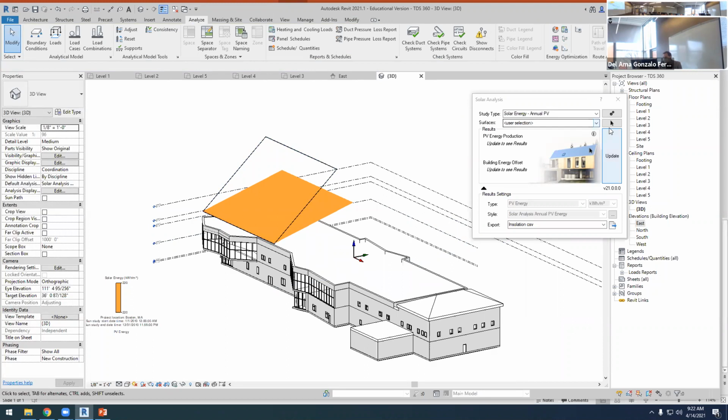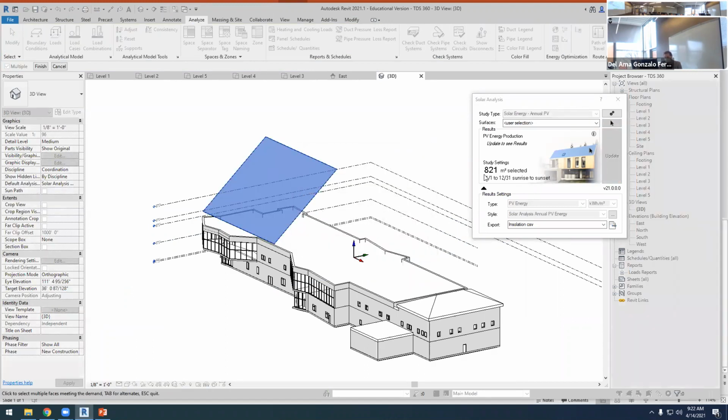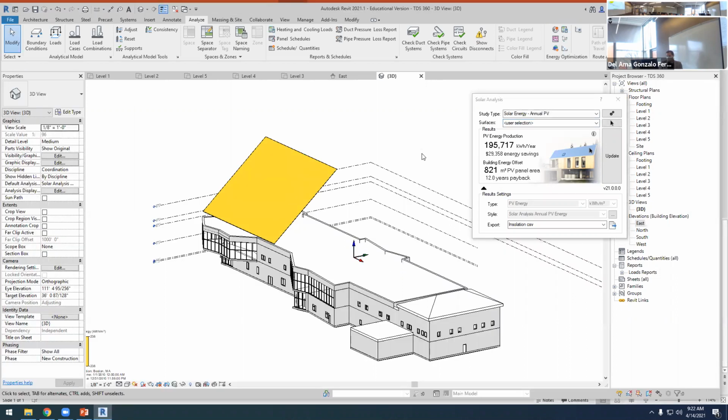Let's do it again. Let's work with the user selection. We are selecting this. We have the same area, so we have created that roof, and we have changed the slope, but we have the same area. So this is what I want to compare now. I finish, and I update. And this is more, it's 195.